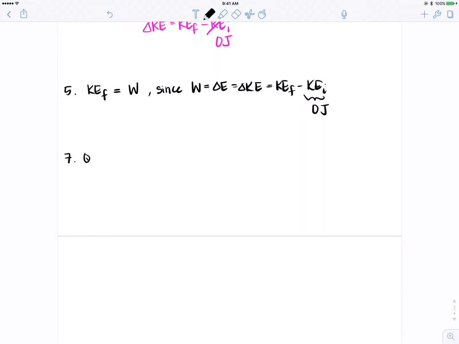So for 7, I know this is going to be a quadratic fit because I have v being graphed on the x-axis and I have v squared being graphed on the y-axis. That would be the same as saying I've got x on the x-axis and x squared, the function y equals x squared, on the y-axis. So I know this is going to be some kind of quadratic shape.